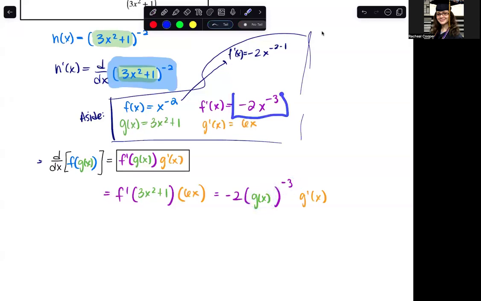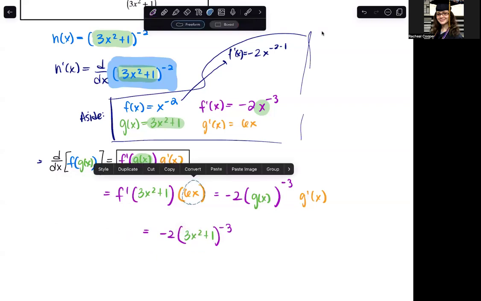Notice that I'm picking up this f prime and pasting it right there, but then I'm indicating that since I want to find f prime at g, I have to put the g function in for all of the x's in the purple f prime function. Either way you do this will lead to the same result. So both of these things are going to lead us to see negative 2 times 3x squared plus 1 raised to the negative third power multiplied by the orange 6x.